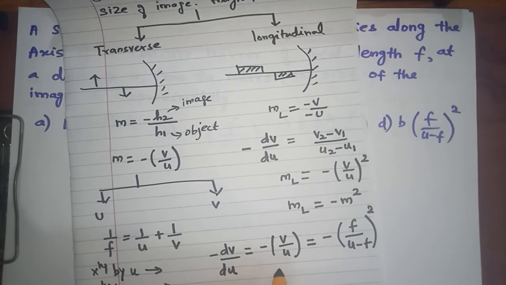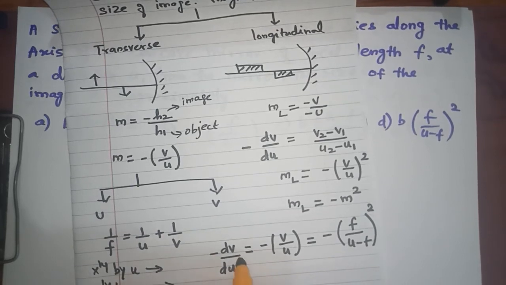And now you know the relation, this dv by du I can write as minus f by minus u minus of minus f to the whole square, right?